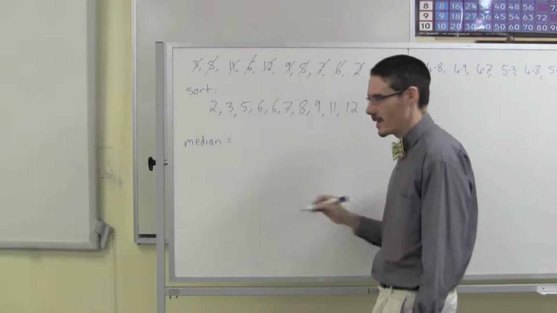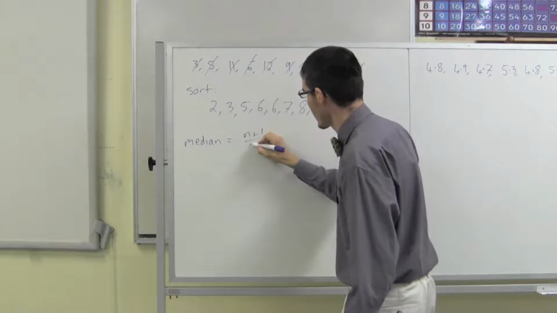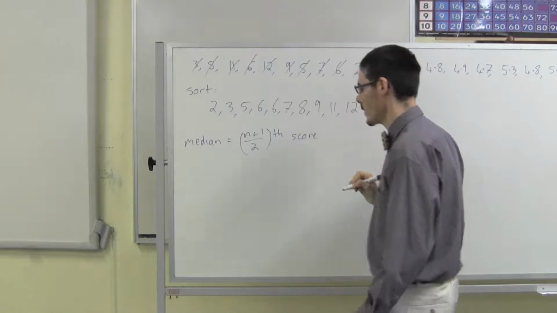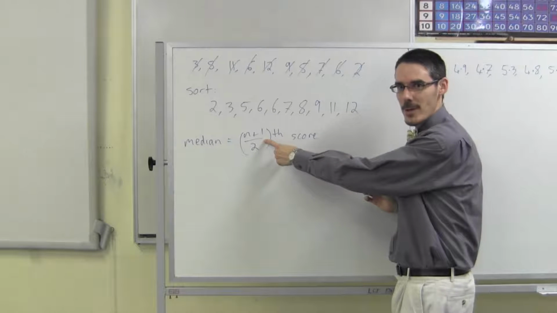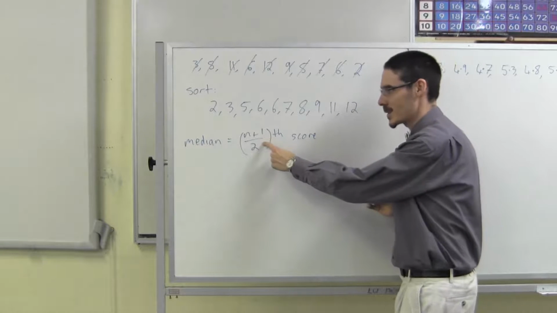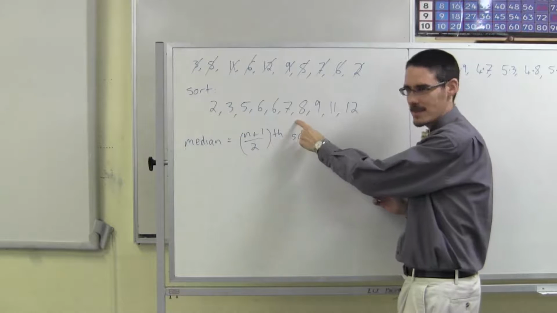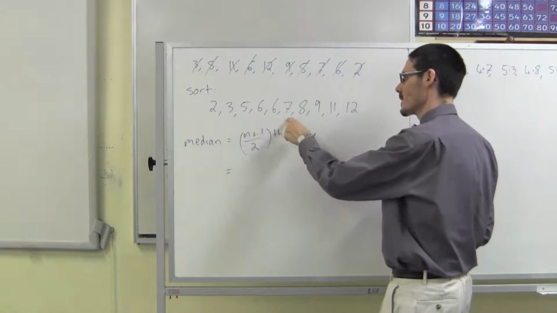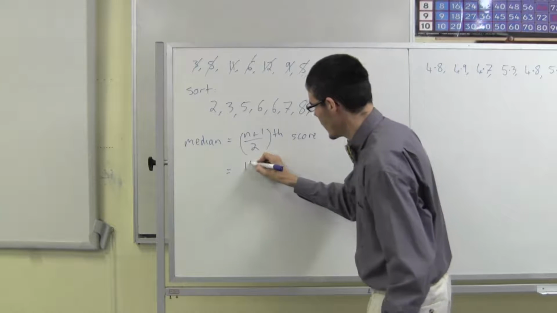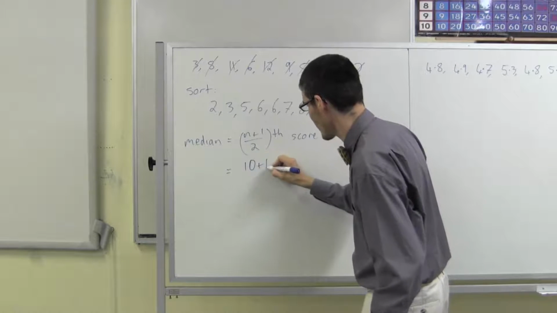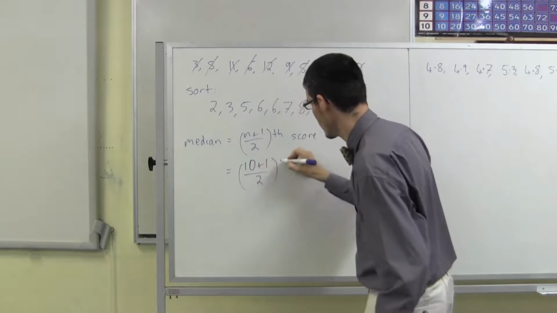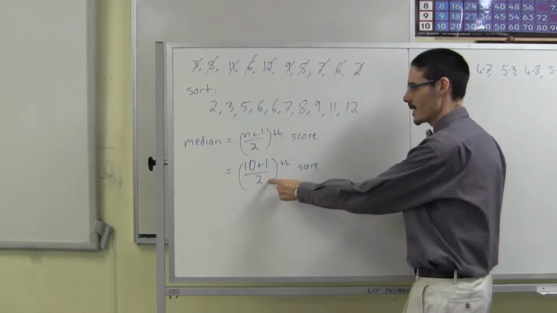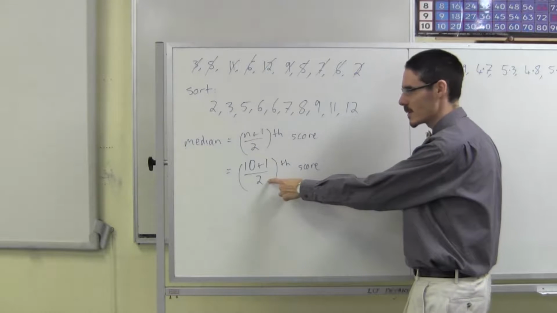The median is the (n plus 1) over 2th score. Remember, it's not (n plus 1) over 2. That's the position of the median in this sorted list. So let's have a look. We decided there were 10 scores: 1, 2, 3, 4, 5, 6, 7, 8, 9, 10. So that's 10 plus 1 over 2. 11 divided by 2. 11 divided by 2 is 6.5.